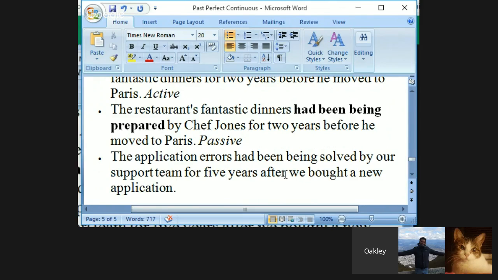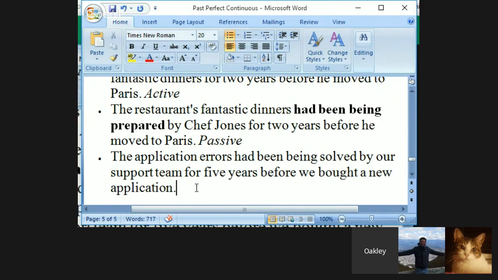Yeah. Right. Okay. All right. The application errors had been being solved by our support team for 5 years before we bought a new application. Yeah, that works. Very good. It's still the same exact, the green line with the purple X. It's still the same thing. This action's happening up until another action, which is still in the past, before we bought a new application.